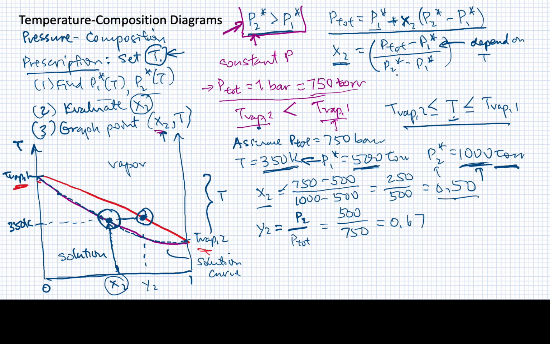And the upper curve is the vapor curve, and that basically tells me the composition of the gas that comes out of boiling. Okay, so you see the composition of the gas is not the same as the composition of the fluid that gave rise to it, because the two components will have different levels of volatility.